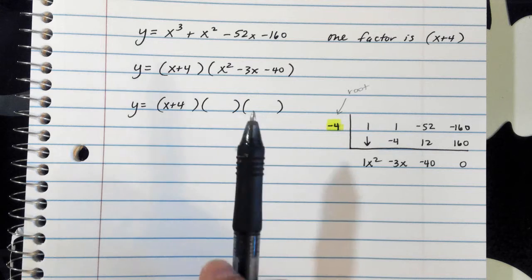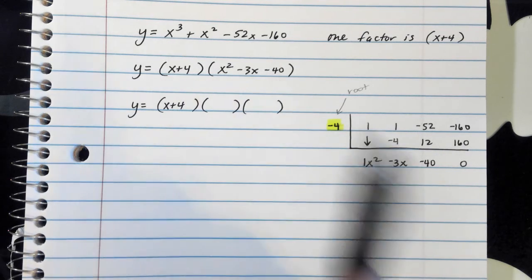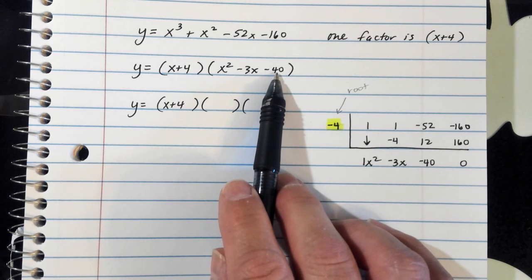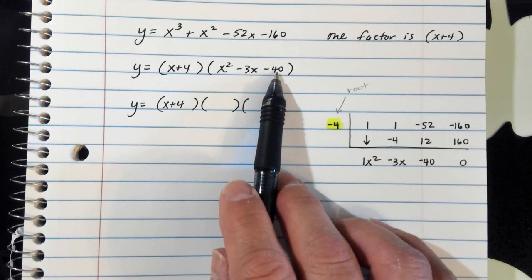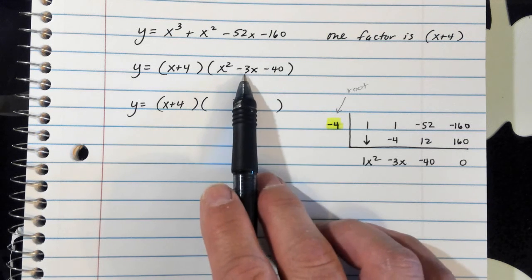And then from first semester, when you factor a trinomial, you just have to figure out which pair of factors have a product of negative 40 and a sum of negative 3.